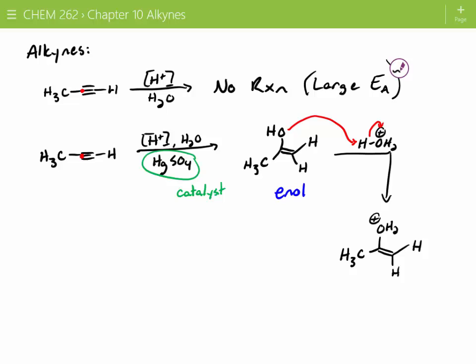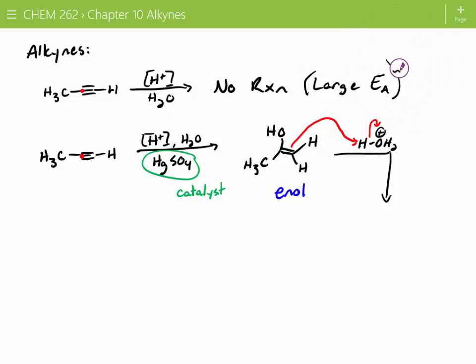Actually, let me change this a little bit. Sorry, I'm going to back up. I'm going out of order here. Let me erase this guy. Sorry. I jumped the gun. I was thinking of another mechanism. All right, in this case, let's actually use our alkene and do the addition reaction to the alkene.